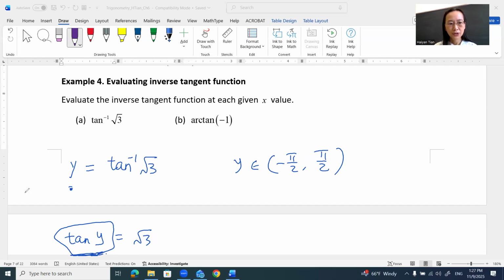In this interval, pi over 3 is such an angle, whose tangent value is square root of 3.